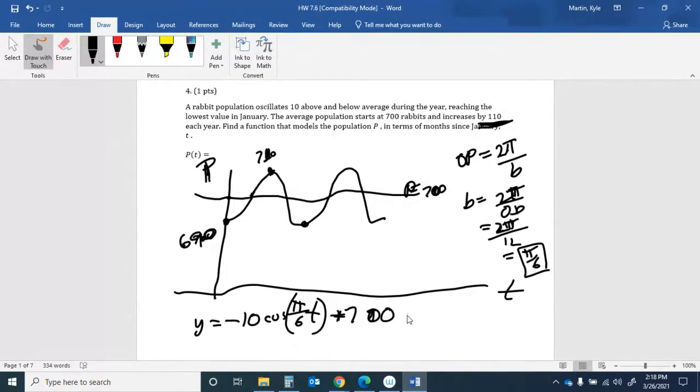But it says that it's going to increase by 110 rabbits every year. So I'm not flat here. By January of the second year, I'm not here. This thing has been steadily rising so that by the beginning of year 2, my average isn't here at 700. It's going to be here at 700 plus 110, 810.